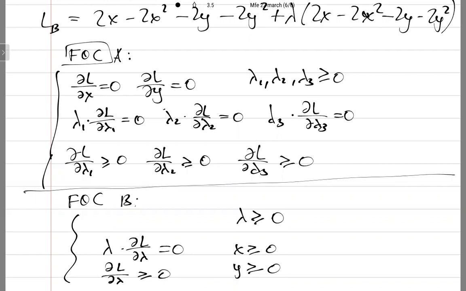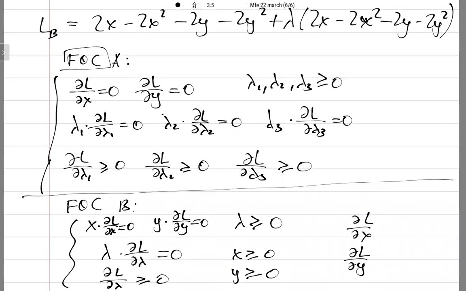It's x times dL/dx is 0, y times dL/dy is 0, and we have more inequalities but fewer variables.